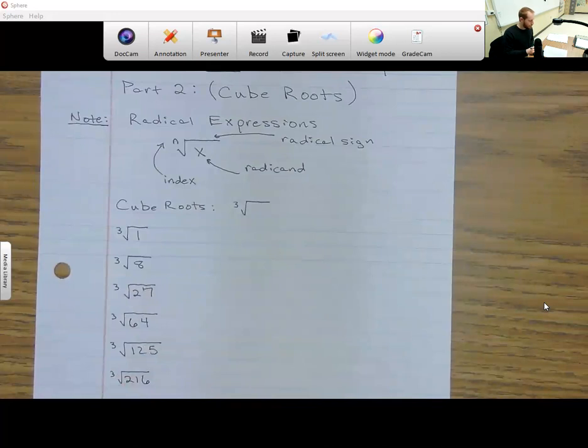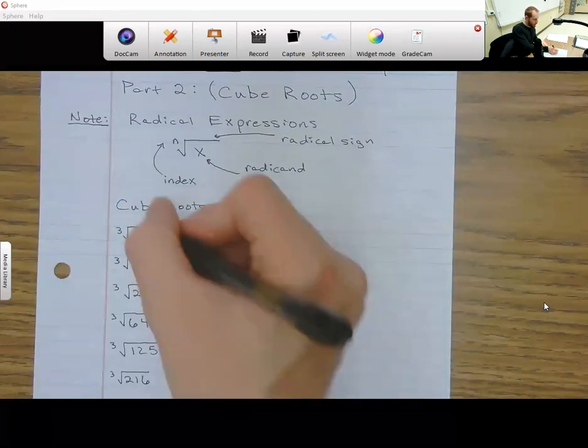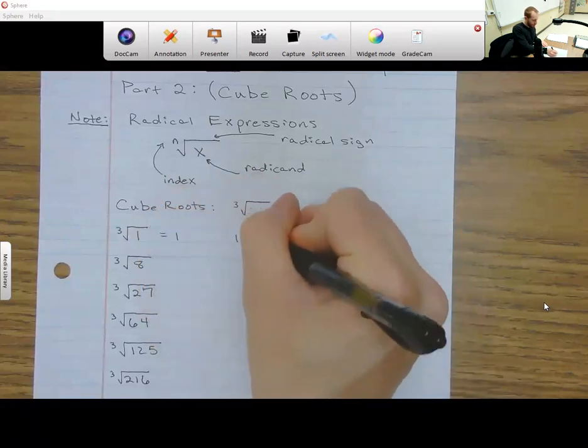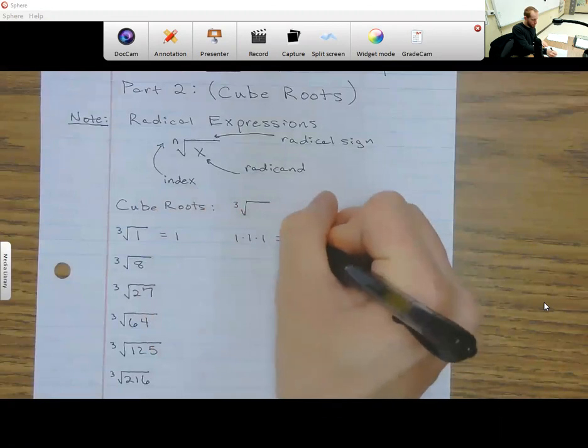Okay. So all 6 of these numbers under the cube roots are called perfect cubes. These are numbers that when you take the cube roots of them, you're going to get whole numbers. So the cube root of 1 is obviously going to be 1, because 1 times 1 times 1 is equal to 1.